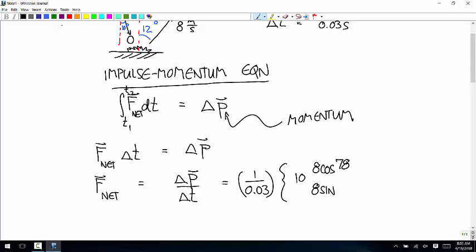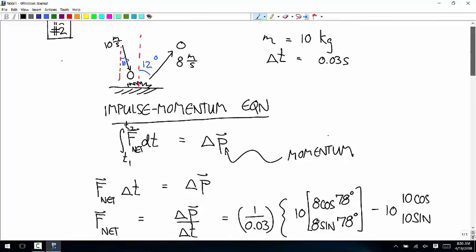So, okay, 78 degrees. And then the momentum before the collision is the mass of 10 times speed of 10 times cosine and sine of what angle for before the collision? Yeah, perfect.